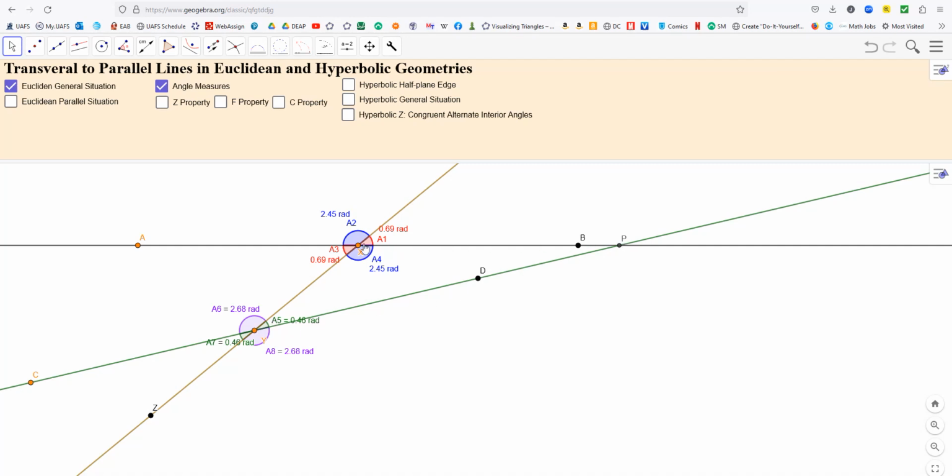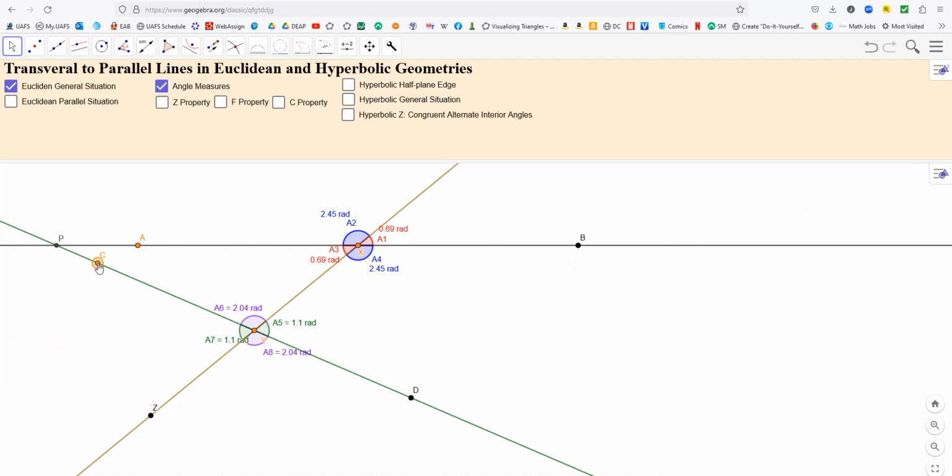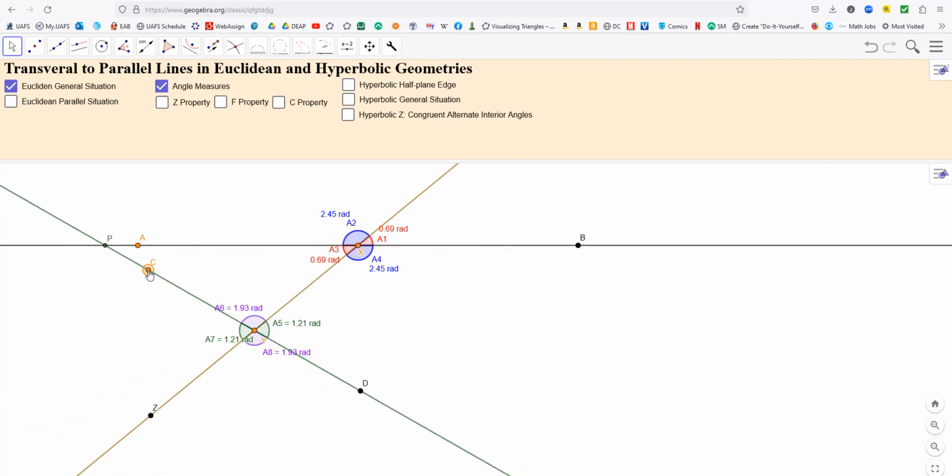But now what do you notice? What do we have right here? We've got a triangle, right? It's either going to be on this side or it's going to be on this side. But either way, A3 and A5 are congruent, or A4 and A6 are congruent. So whichever way you look at it, one of A5 and A3 is an interior angle of this triangle, and the other one's an exterior angle.